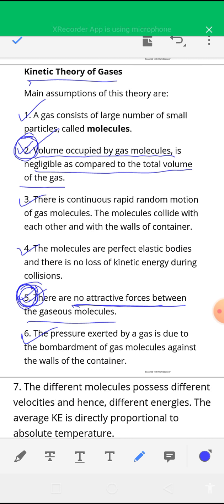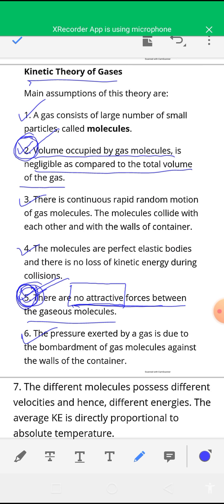And point number 5 is also a faulty assumption, that there is no attractive force between the gaseous molecules. But in the previous video I have already told that some forces of attraction exist among the gaseous molecules also, and these forces are known as van der Waals forces: dipole force of attraction, dipole induced force of attraction, London force.